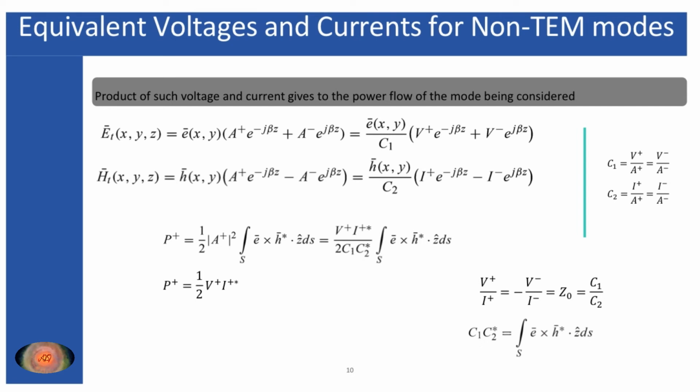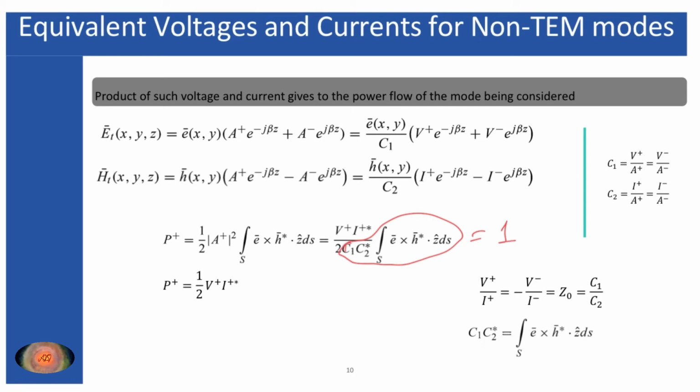Now, as the statement is that the product of the voltage and current should represent the power flow of the mode, and we know that this is the power flow of the mode, in order to get this expression out of the expression that I have obtained here, this part must be equal to 1, and only then can I write that P plus is equal to half multiplied with V plus times the conjugate of the current.